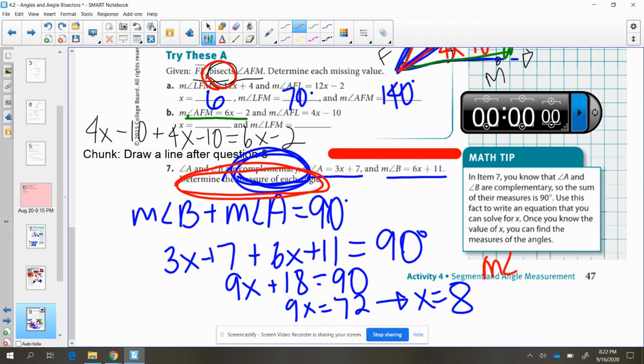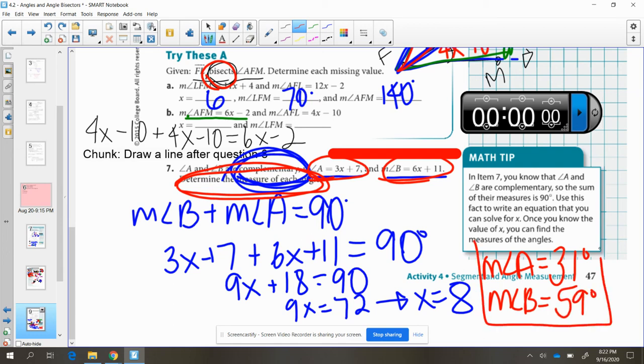So we're going to plug back in for the measure of angle A, 3 times 8 plus 7, which is 31 degrees. And for angle B, 6 times 8 plus 11, which is 59 degrees. So that's our final answer on that one.